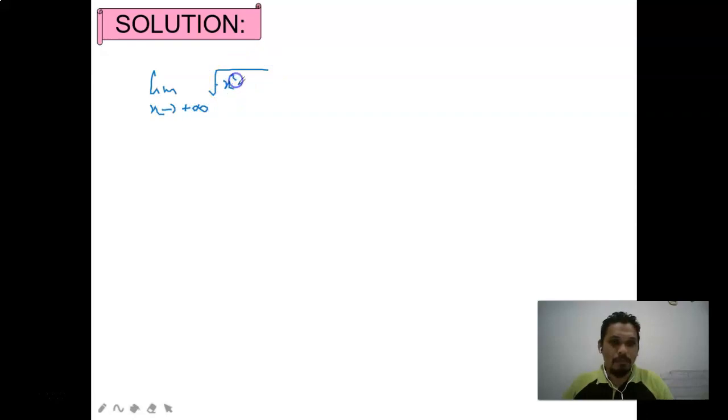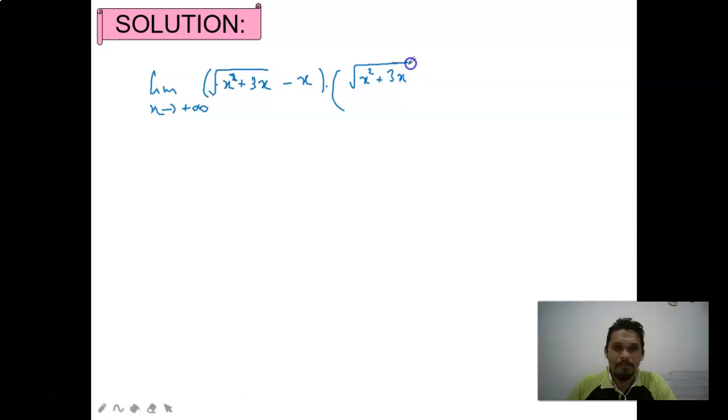For this one, we are going to multiply with the conjugate of this, which is the square root of x squared plus 3x plus x, divided by the square root of x squared plus 3x plus x.